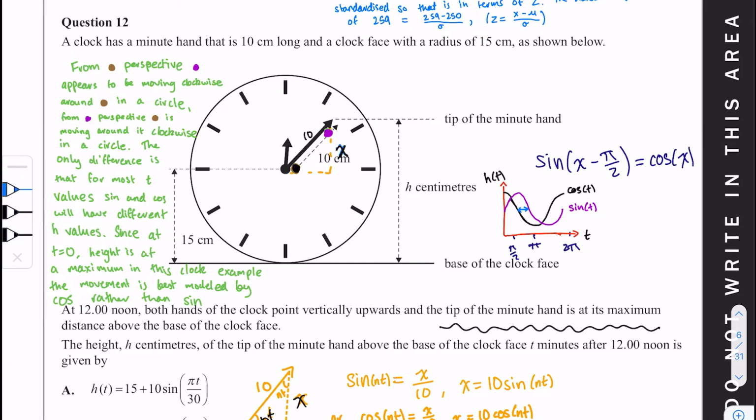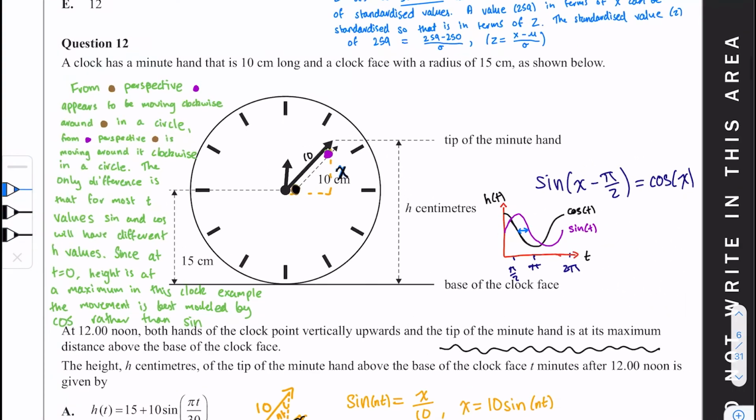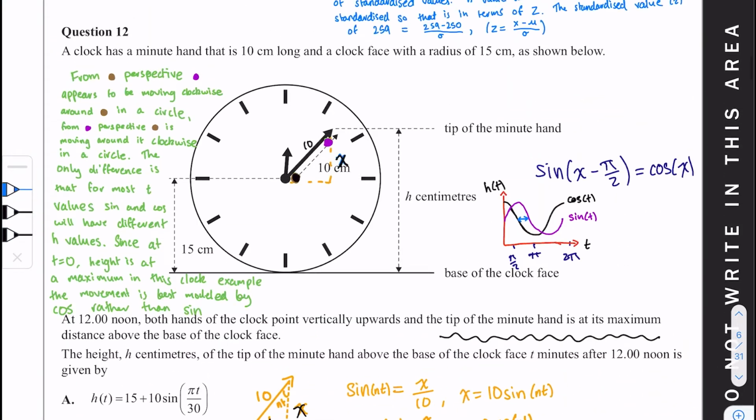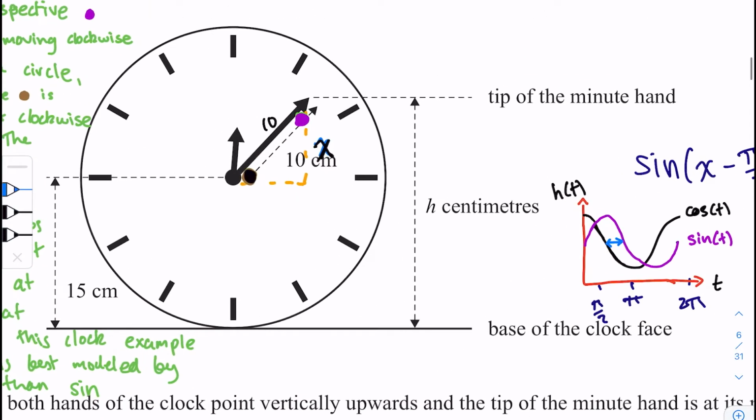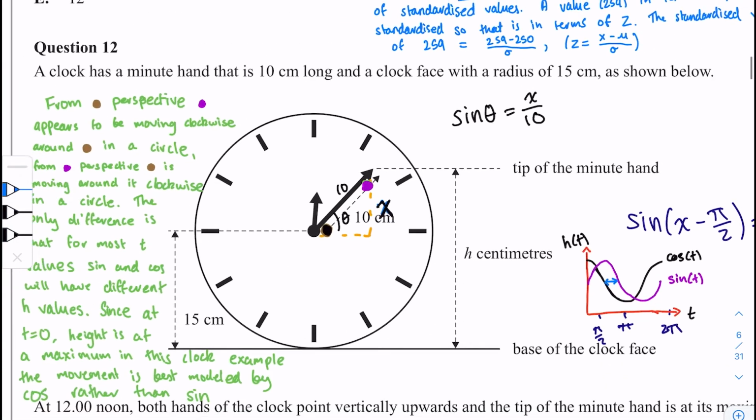And the reason I say this is because people on this question will immediately want to find what this height x is, what the amplitude is. And then they know that this is the angle that the clock's moving around in, theta. They think this is theta, so then they go, oh, sine of theta is equal to x on 10, right?